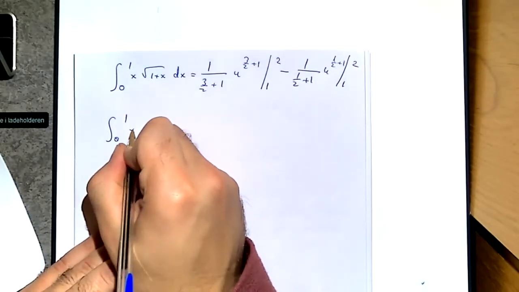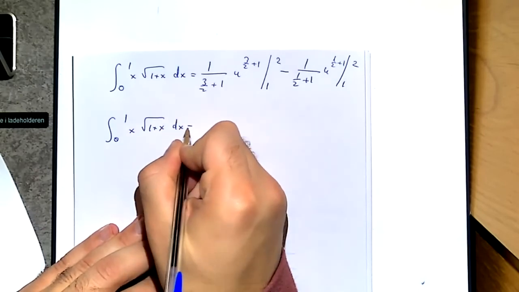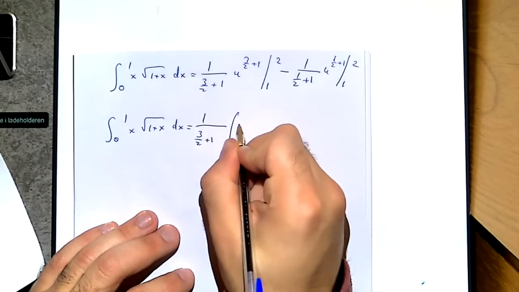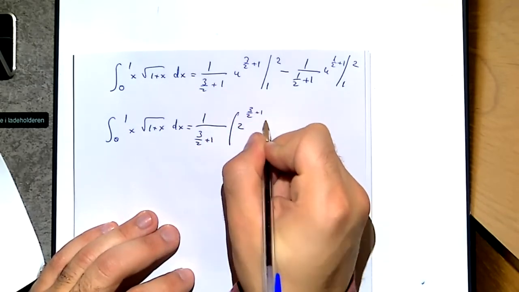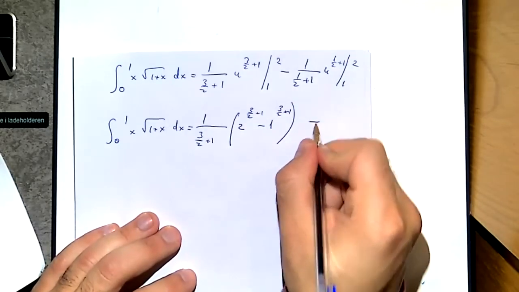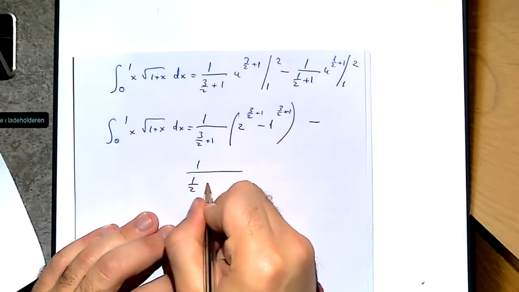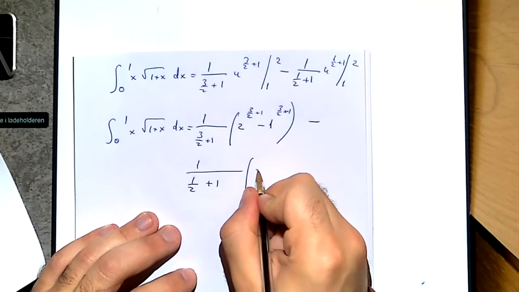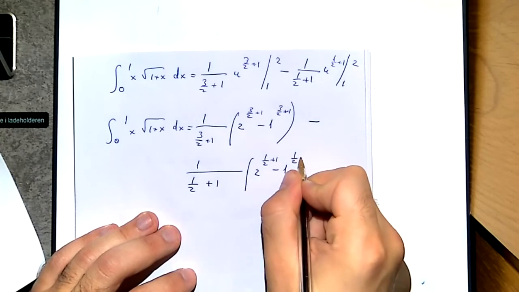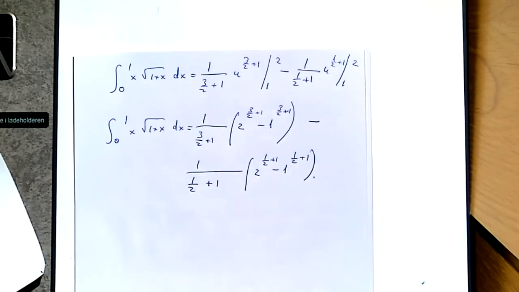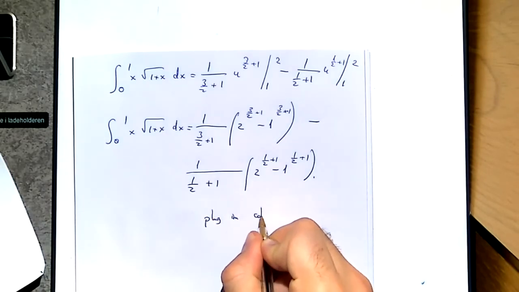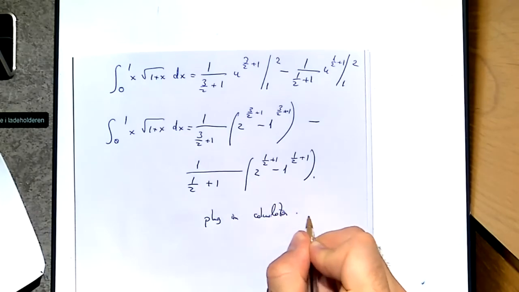The answer is 1 over 3/2 plus 1 times 2 to the power of 3/2 plus 1 minus 1 to that power. I'm literally just plugging in. Nothing special. And this is a number, and you plug it in your calculator because you are allowed a calculator, and you got the final answer, and you're done.